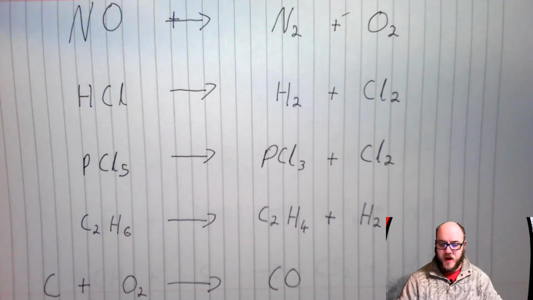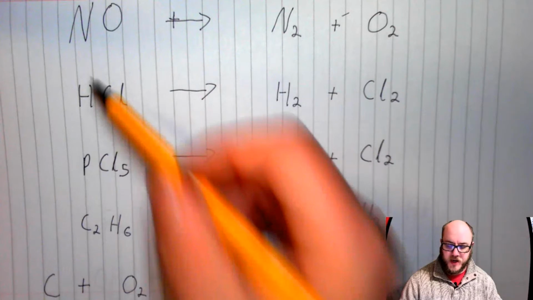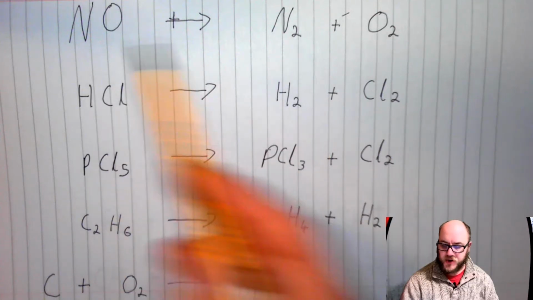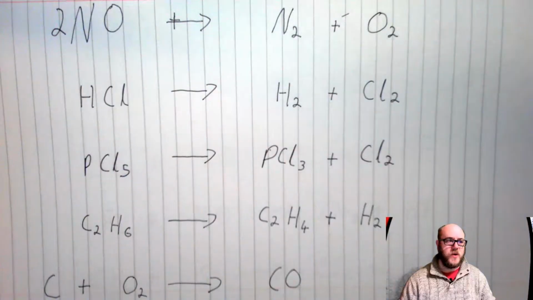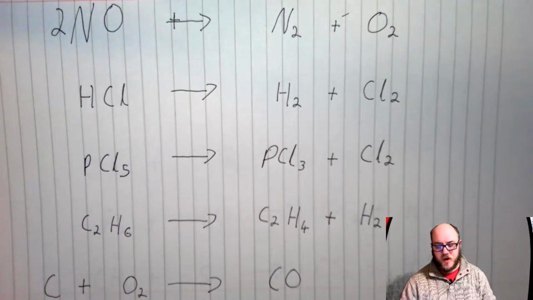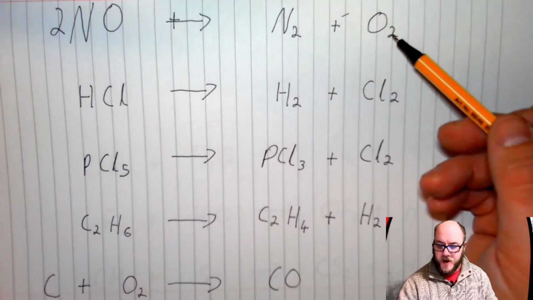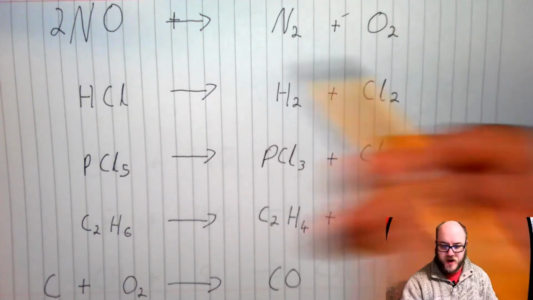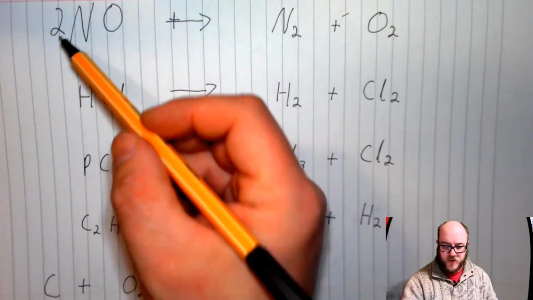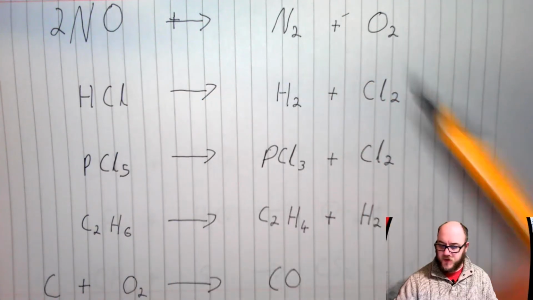I start with one of the elements that I know I need more of. So over here I've got 1 nitrogen and I need 2. So the first thing I'm going to do is pop a 2 in the front and say I need 2 nitrous oxides to get 2 nitrogens. But now I have exactly the right number of oxygens. I've got 2 nitrogens and 2 oxygens, and I've got 2 nitrogens and 2 oxygens.